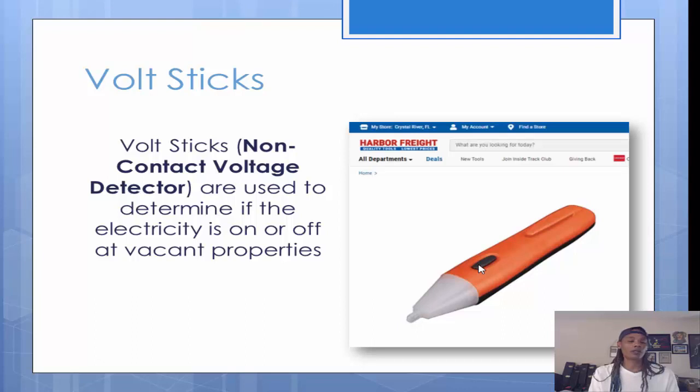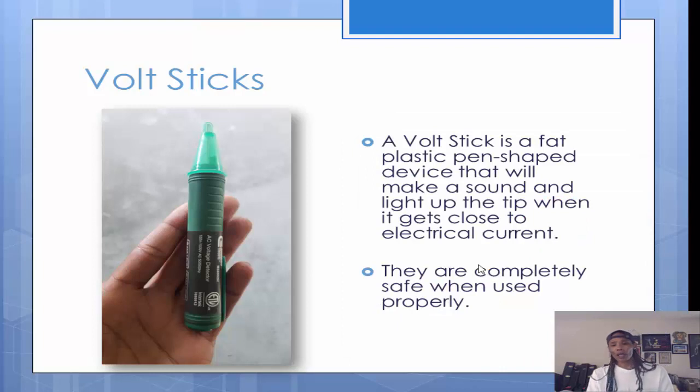There are some other ones which we'll go over later, and I'll show you a few pictures of what not to use as a volt stick. These are non-contact. As you can see in the picture to the right, this is my personal non-contact volt stick. As you can see, it's pen shaped, and when it touches an electrical current or comes close to an electrical current, the tip will light up and it makes a beeping sound.